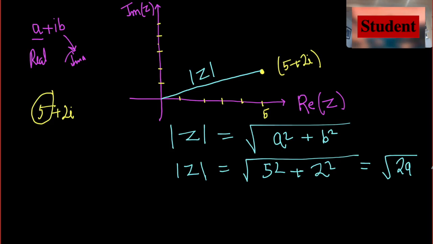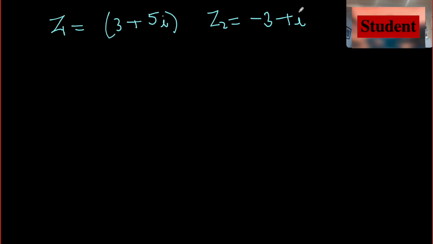So let's try one question based on this. Z1 equals 3 plus 5i, and Z2 equals minus 3 plus i. Is that alright?